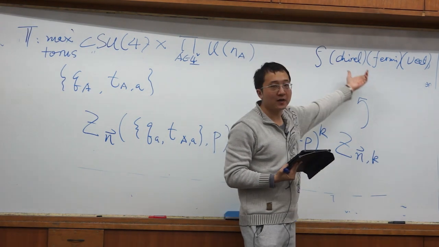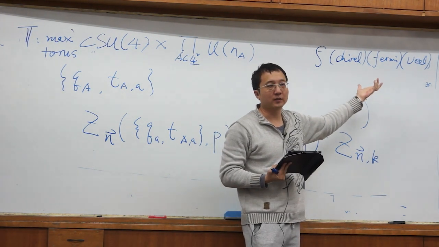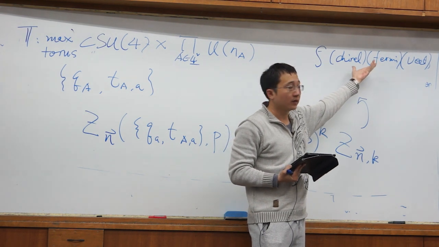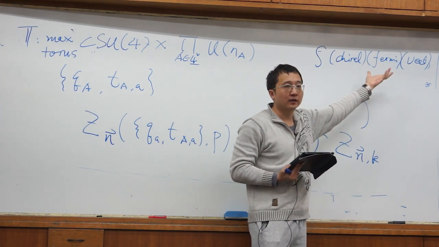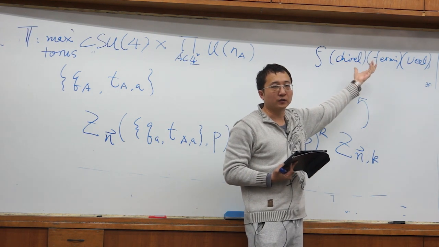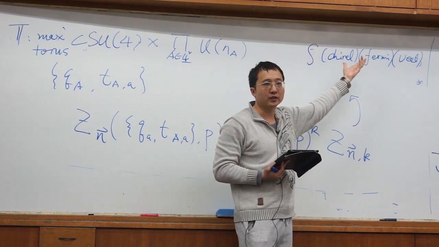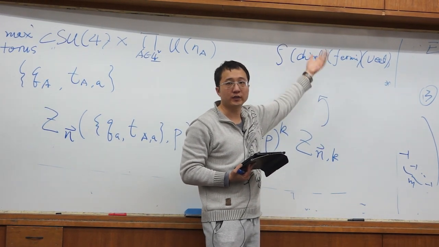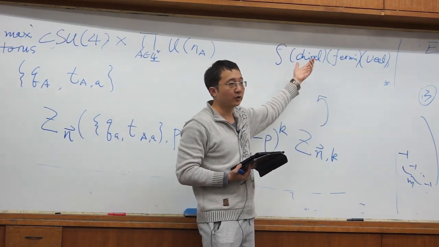And the fact that the virtual dimension of this moduli space is 0 is reflected in this integrand. This integrand is a product of some theta functions, or rational functions, or trigonometric functions, depending on which kind of partition function you are looking at.